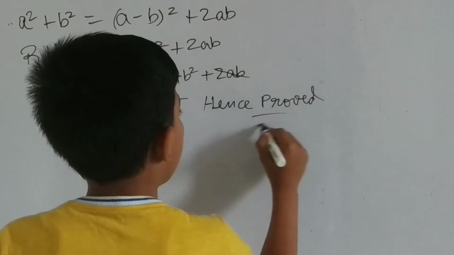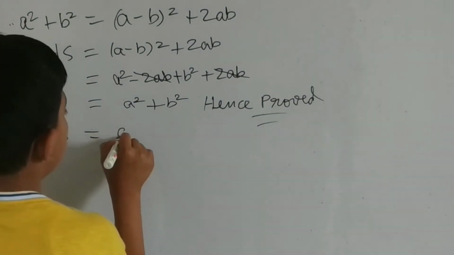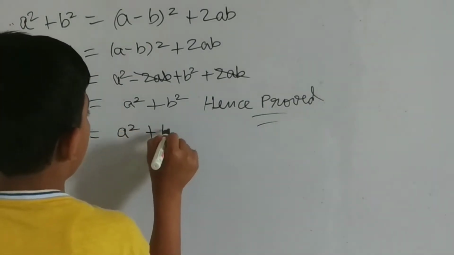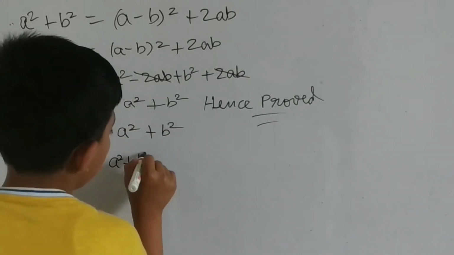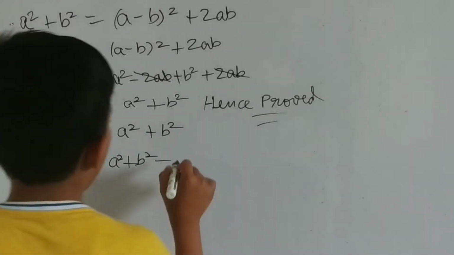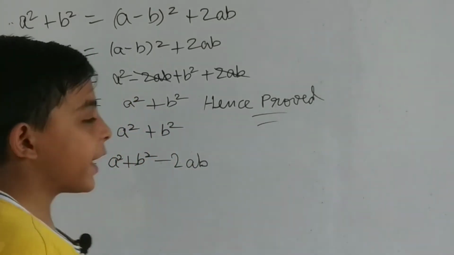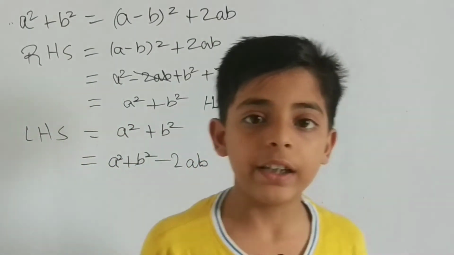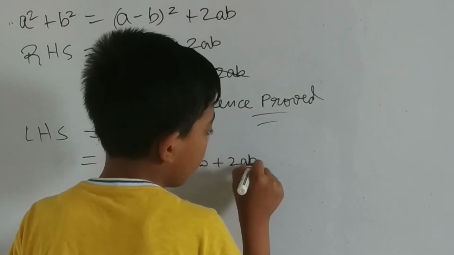Now if we prove it by taking the LHS, then what is the LHS? It's a square plus b square. Now subtract 2ab. It is the rule of mathematics: if we subtract anything, then we should add it. So I will add here 2ab.